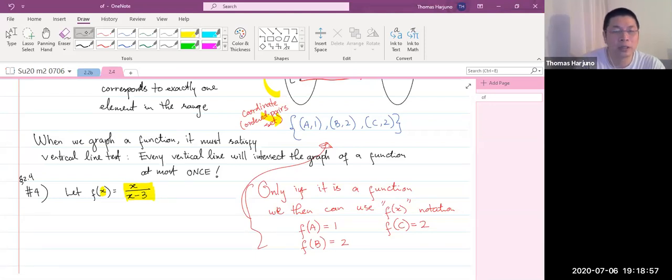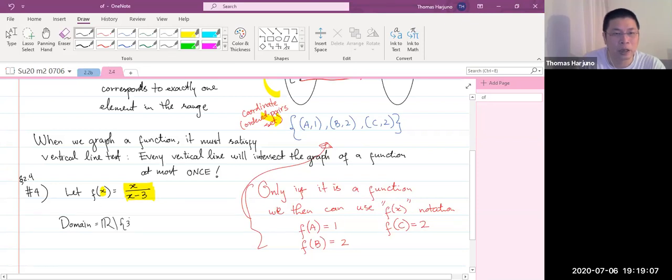We see that the domain of this function is all real numbers except 3. In other words, if I plug in x equals 3, the output will be undefined.